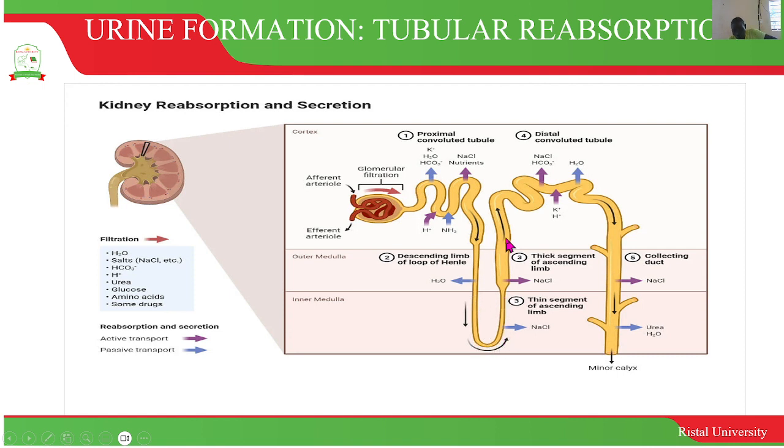As it is ascending, the ascending loop of Henle, you see here that most of this sodium chloride is reabsorbed. We shall also see that some hormonal responses are involved in the homeostasis of this sodium balance, and we shall talk about those in the coming slides. What determines how much sodium should be retained back into the blood, or how much should be allowed to go into the urine?